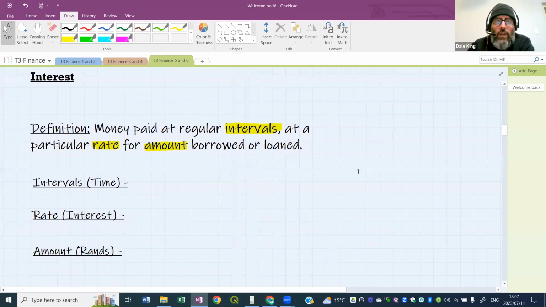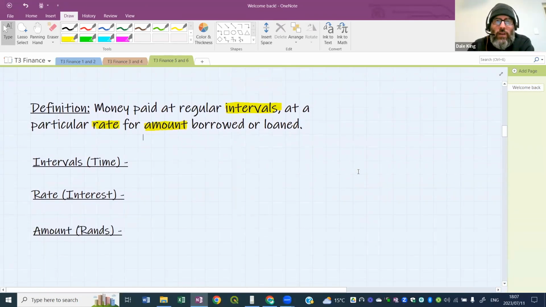Okay, so let's look at intervals. All right, interest is applied at different intervals, and these are intervals of time. Who can tell me what is the most common interval of time that interest is applied at? How often is interest applied or calculated when you're borrowing or loaning money?